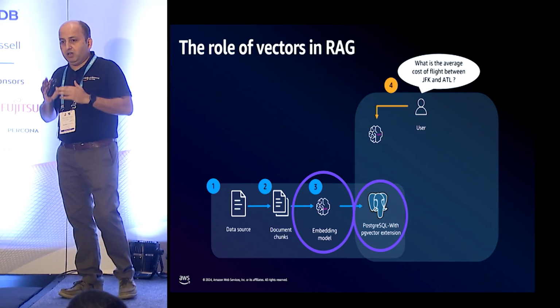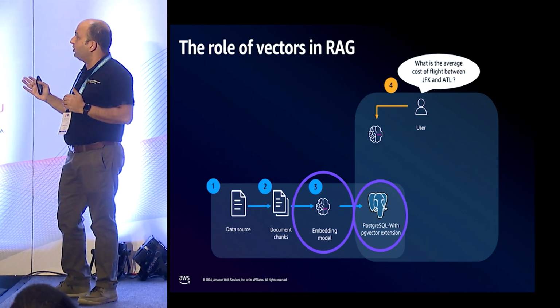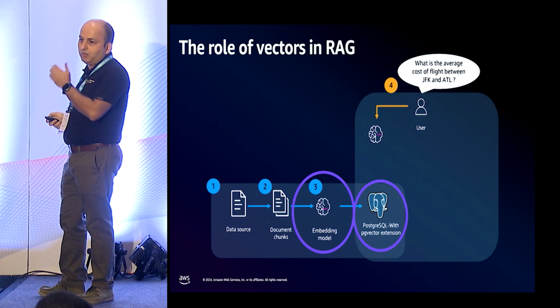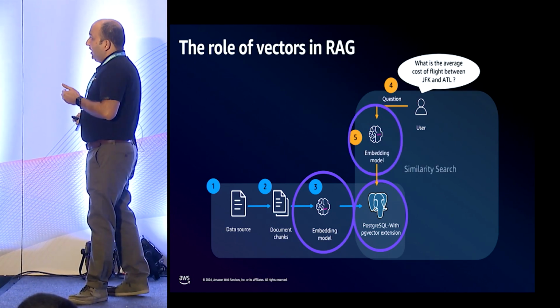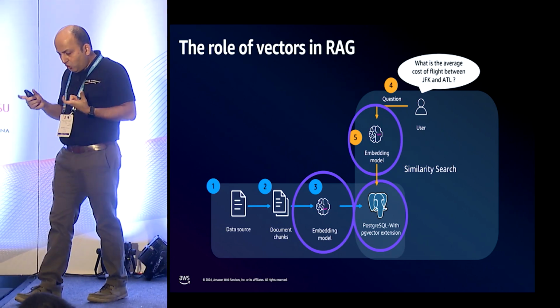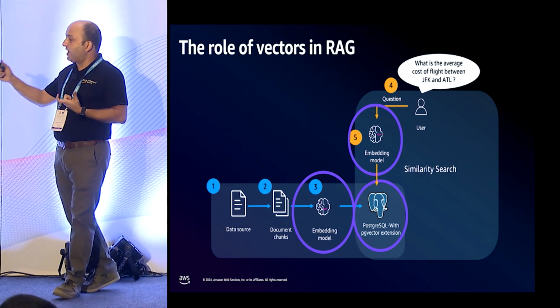Now once my embedding is stored, let's say I have a generative AI application, where a user asks such a question. That question is again passed through the embedding model, the same embedding model, and it will again generate the embedding out of that question. Now this question embedding is searched through similarity search in my database.